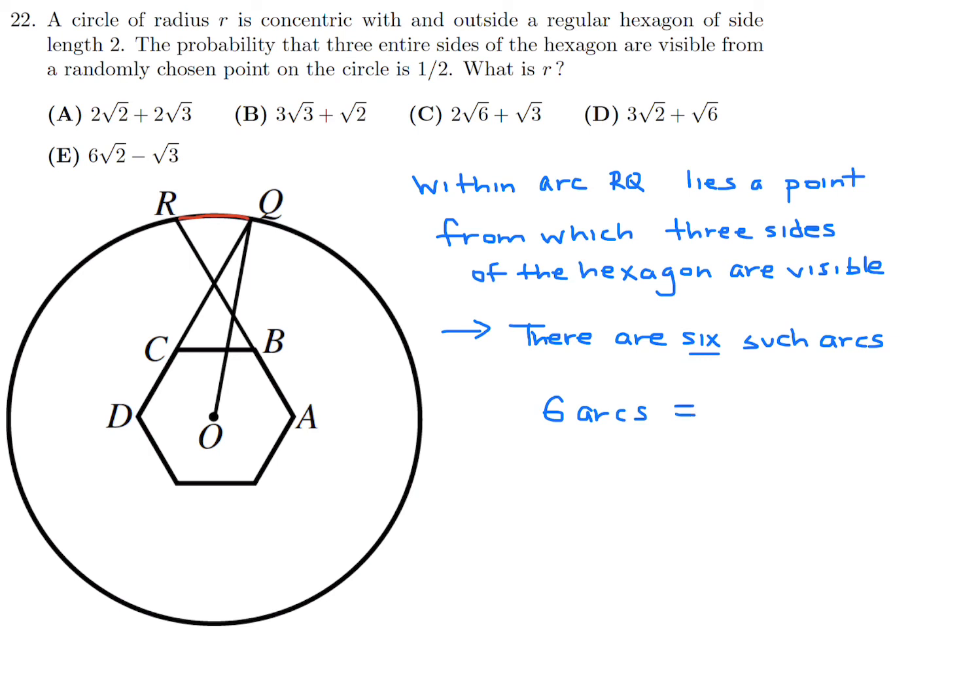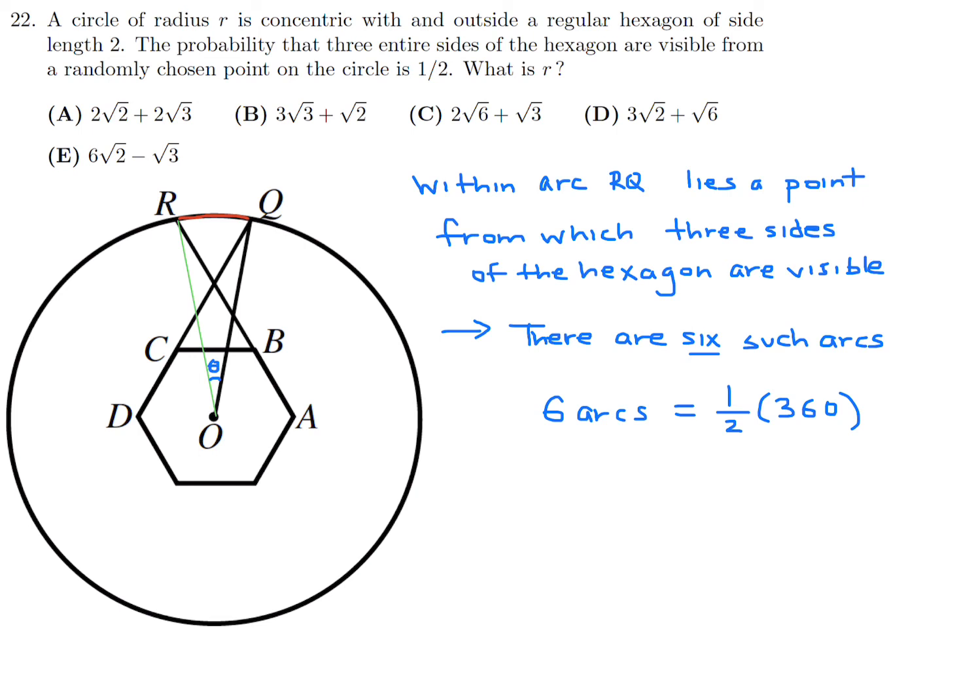So the 6 arcs equal half of the circle's angles. So if I were to draw a line from O to R and O to Q, like this, that would create an angle, of course, from here to here. Let's call that theta.